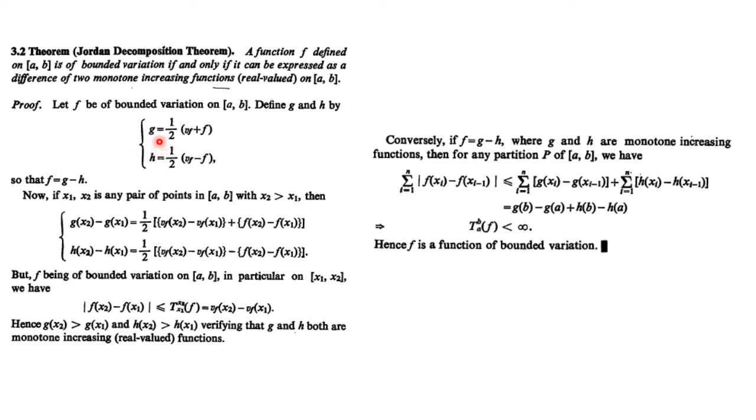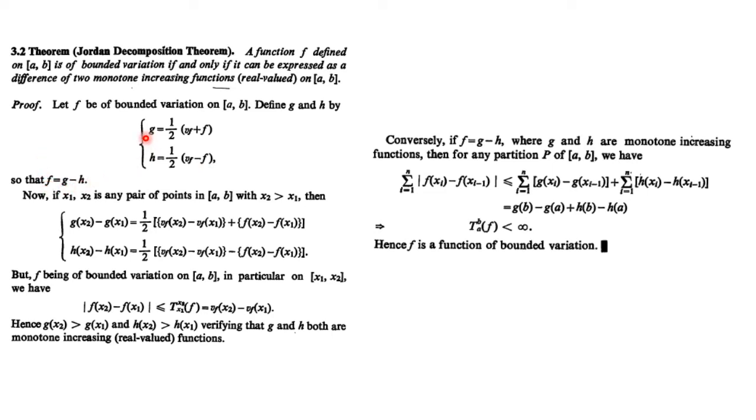Now consider g as the sum of Vf by 2 and f by 2, and h as Vf by 2 minus f by 2. So clearly your f can be written as g minus h.